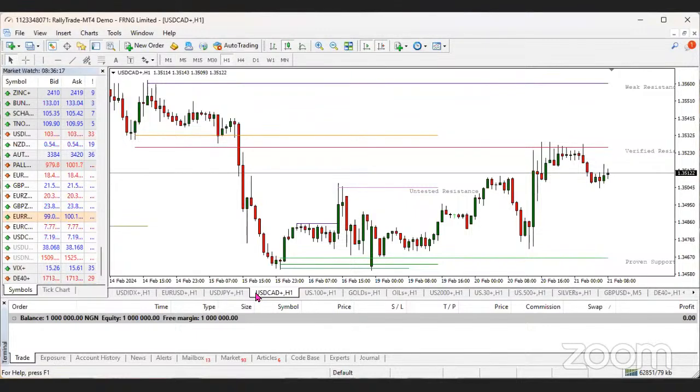Looking at what it did yesterday, you can see a lot of dojis there, indecision candles, a lot of hammers here and there in the formation of this USD CAD. So you'll likely be looking at a scalping strategy for this instrument. Me personally, if I want to go in for this trade, I can see there's a lot of indecision in the market as regards USD CAD.